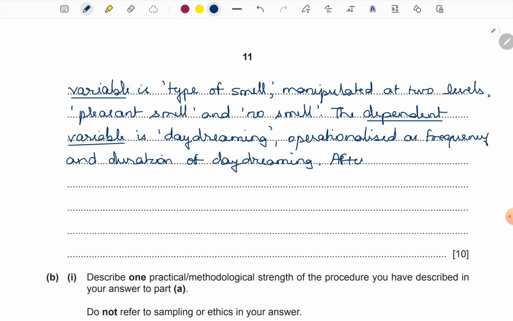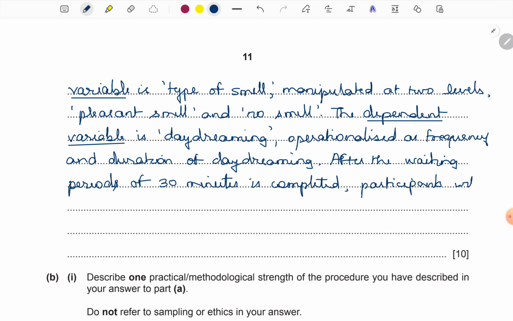After the waiting period of 30 minutes is completed, participants will be informed that no maths competition, I don't remember what I've written. Sorry, what have I written?